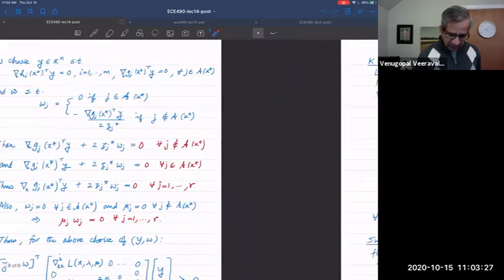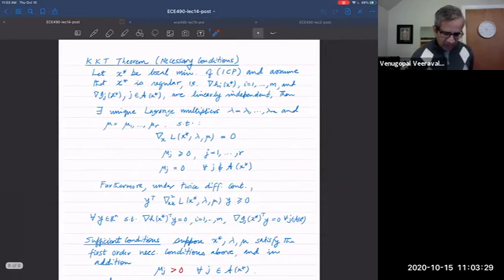This was the KKT necessary conditions: if x star is a local minimum of ICP, and x star is regular, which means these gradients are linearly independent, then there exist unique Lagrange multipliers lambda and mu such that the gradient of the Lagrangian function at x star, lambda and mu is equal to 0.